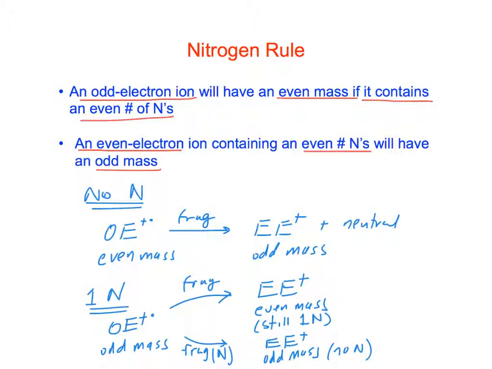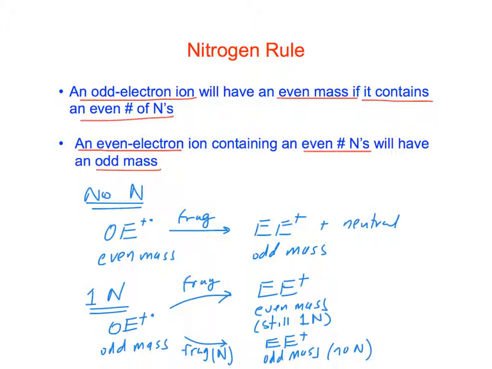So the next thing, for the molecular ion, is that the fragment ions need to be able to be generated by logical losses. Okay, so it's going to fragment, and the loss can't just be any mass, right?